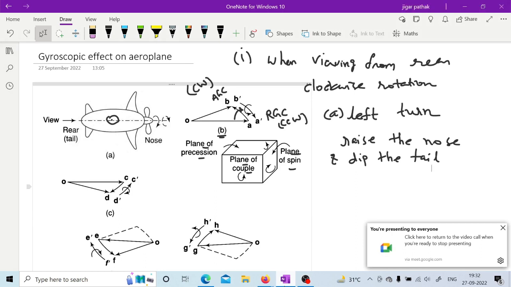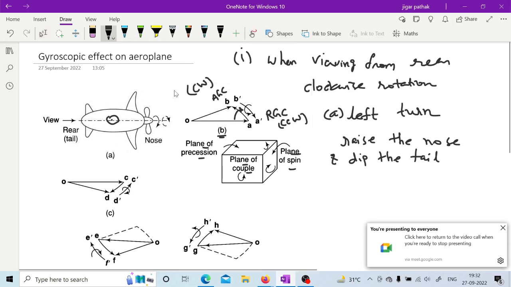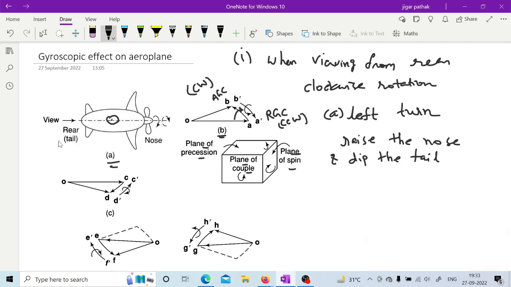Yes, the A part. A is actually a simple figure, right? A is not any case. Figure A shows you the position of your aeroplane. So this is rear and this is front, and in front you have this fan, right?